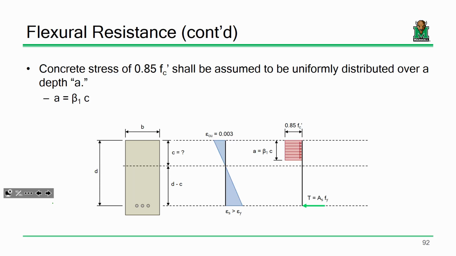We will use that relationship that this is 0.003, and looking at this height, we can just use similar triangles to see what this strain is. Understanding what this strain is is important because there are limits associated with it. We have to reach certain strains to meet code requirements and in order for the beam to be safe.